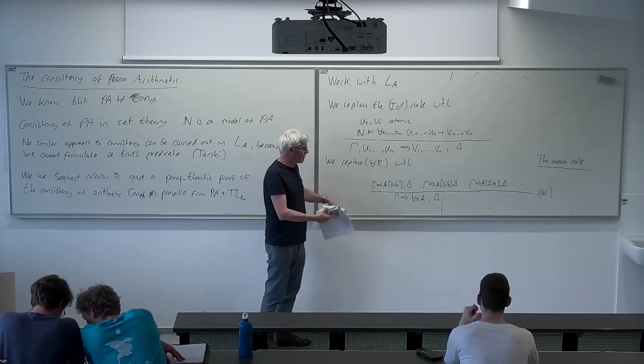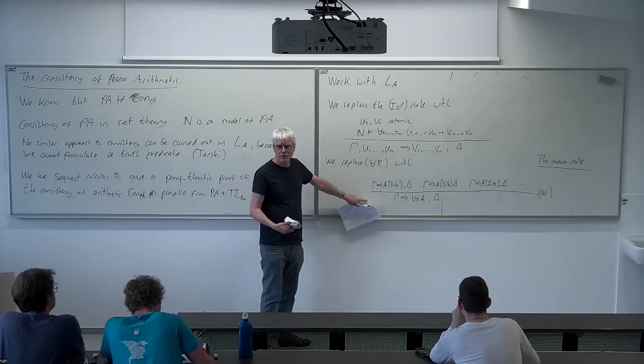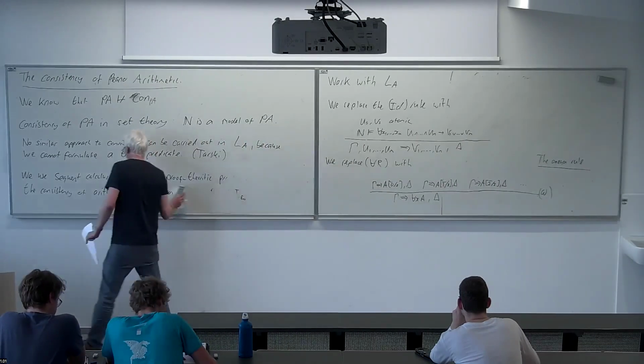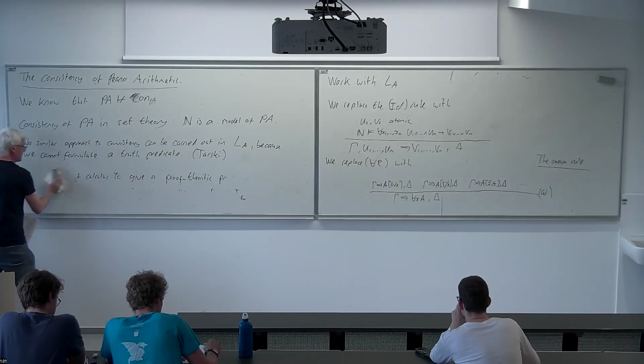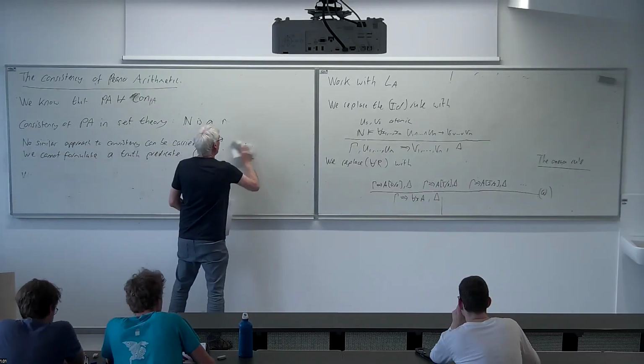But there is something very weird about this, because I don't know if anyone's noticed, this proof system is very powerful. While I'm clearing the board, does anyone have an idea what I mean? So what can we prove?